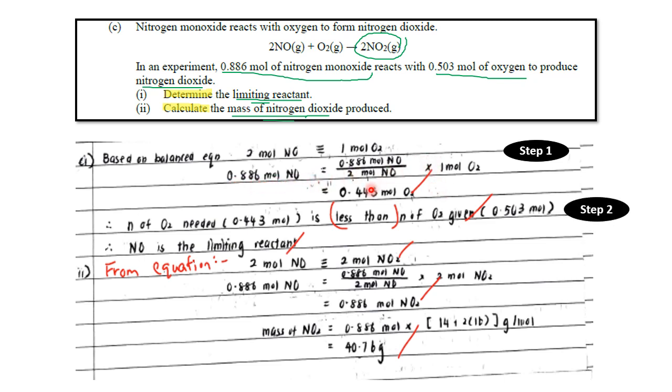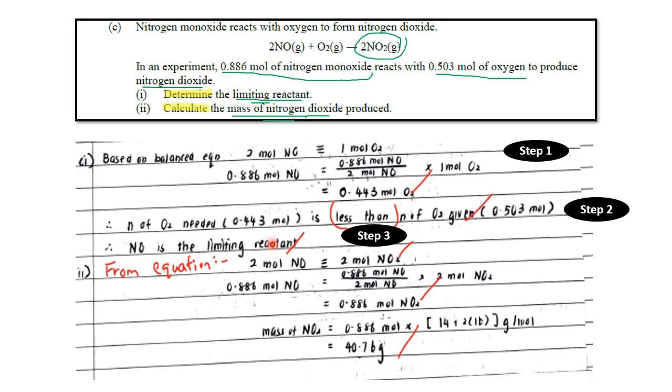With the stoichiometry comparison, you get 0.443 mole of oxygen. Given is 0.503 and needed is 0.443, which is less than given. That means oxygen is the excess reactant. Automatically, nitrogen monoxide is the limiting reactant.